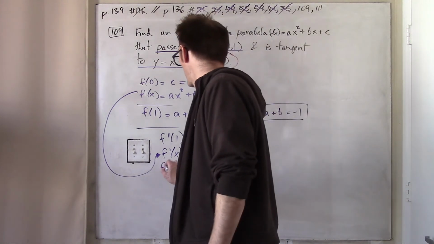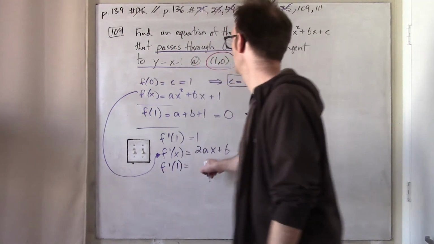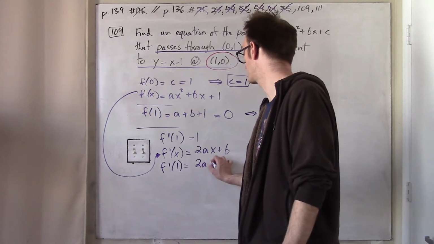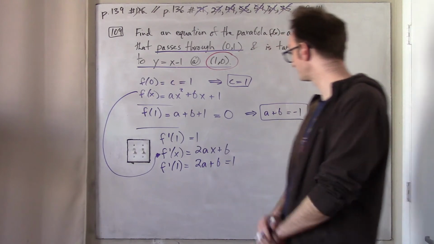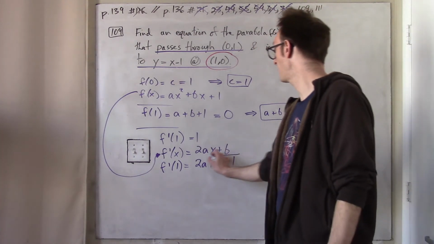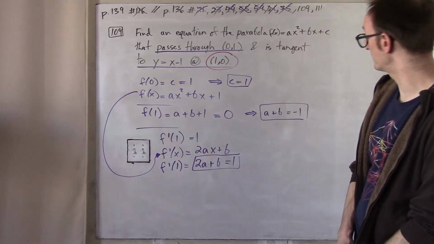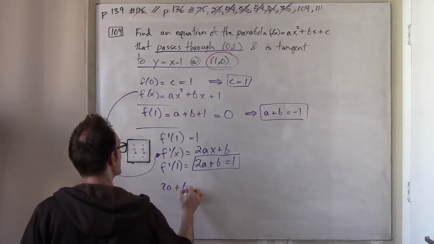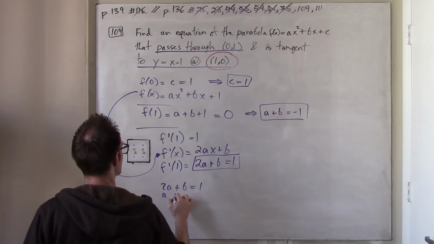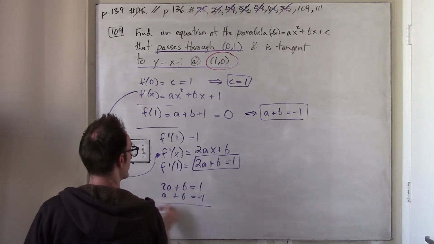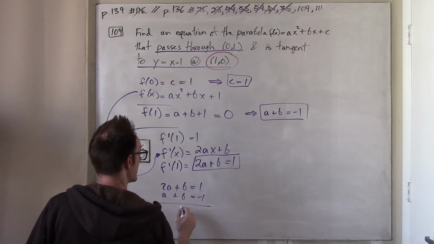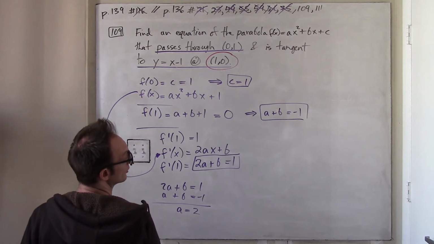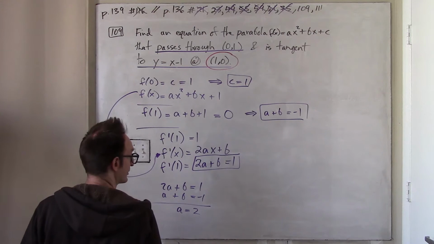So the derivative at 1 specifically is you just plug in 1 for x, and therefore 2a plus b has to be 1. So now I have a little system of equations here: 2a plus b is 1 and a plus b is negative 1. Subtract these and I get that a is 2. And if a is 2, then b is negative 3.